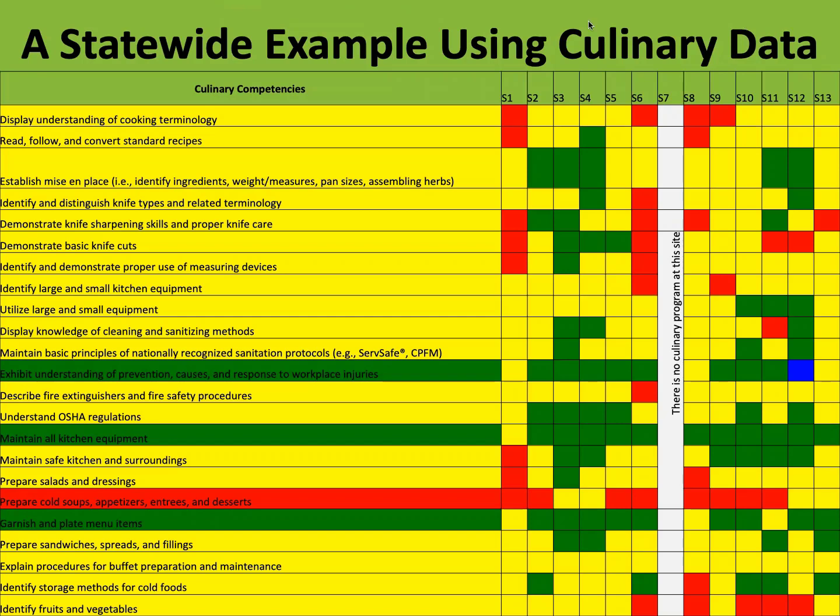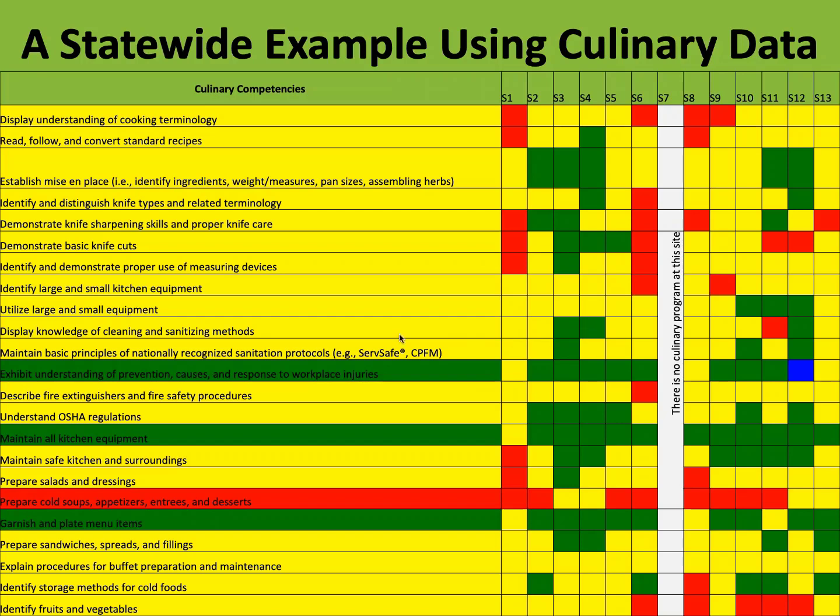The yellow is a range of 50 to 80%. So students in the yellow cases are scoring between 50 and 80% in, for example, utilizing large and small equipment. The green is 80% and above.